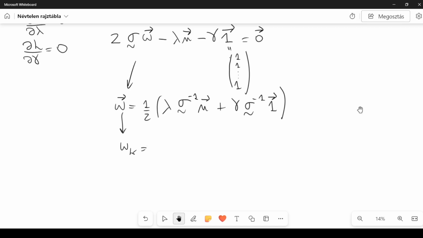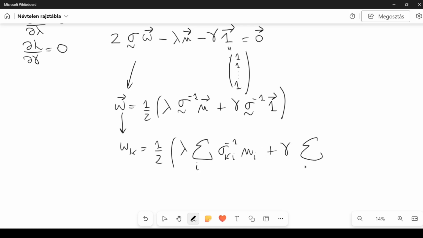So you can write omega k equal to 1 over 2, lambda times a summation over a certain index i of sigma inverse ki mu i, plus gamma times the summation over i of sigma inverse ki multiplied by 1. So basically you can write it like this, and this is the expression for omega k.